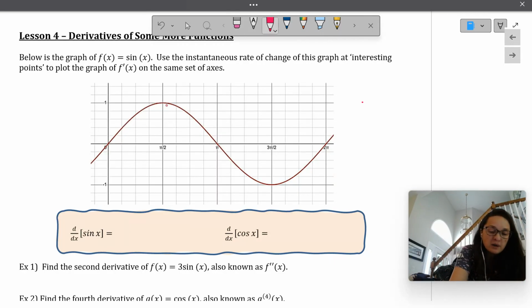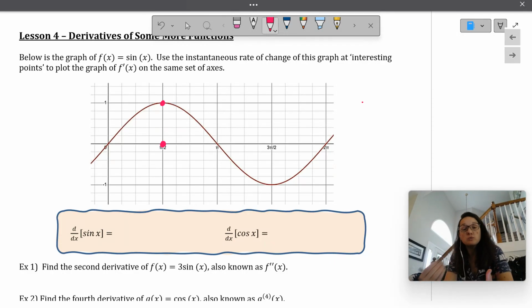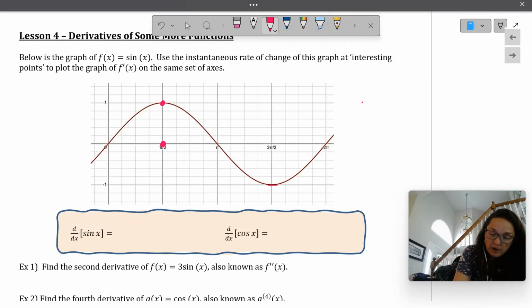All this to say that at this point on y equals sine x, the slope is 0, which means that I know pi over 2, 0 is a point on the derivative, because the slopes of the original are the y values of the derivative. All right, so I have a slope of 0 there. I have a slope of 0 there.